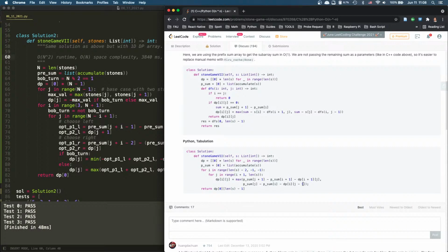We just pick the maximum of this. dp[i+1]. How'd you get dp[i+1]? Oh, from bottom up. That's when the dp is 0.